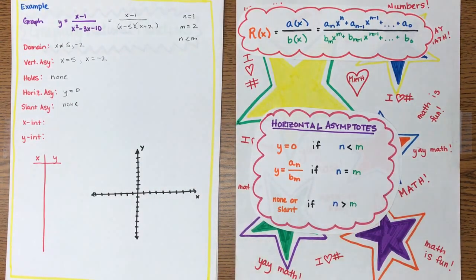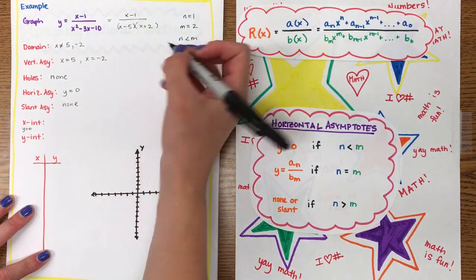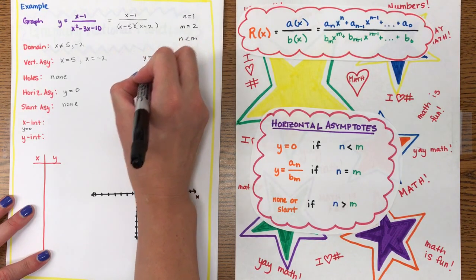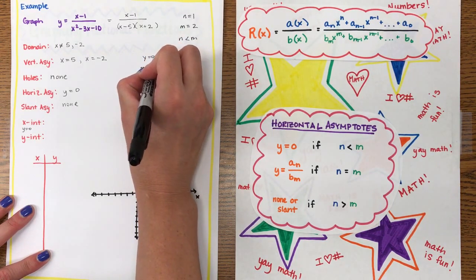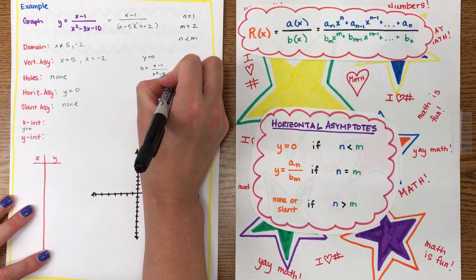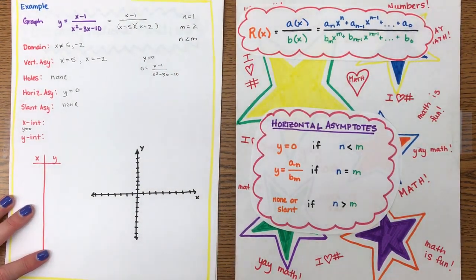So the next thing I want to do is find my x-intercepts. My x-intercepts happen when y is equal to 0. So I'm going to do my x-intercept math up here. y is equal to 0, that gives me 0 is equal to x minus 1 over x squared minus 3x minus 10. When I multiply both sides by this denominator, it gets multiplied by 0 and just disappears.